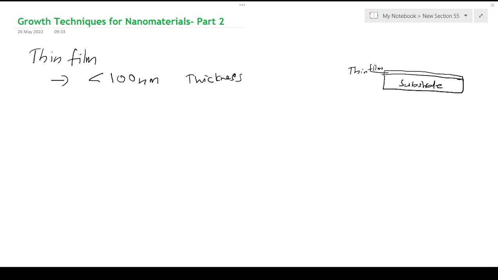There are many methods to prepare thin films, thin coatings. Like you have already experienced thin layer coating, like painting your home, where you use a brush to put paint on a wall and you get a thin layer on your wall.